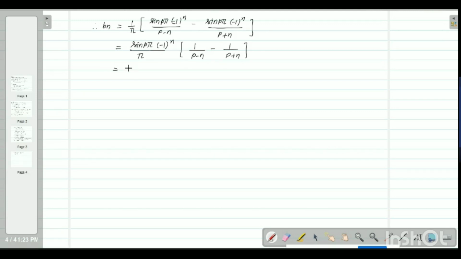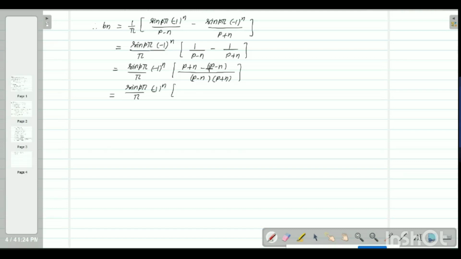Just simplify this: sin pπ by π, minus 1 raised to n. Now just cross multiply, so p plus n minus p, and this becomes, put bracket, p minus n, and divide by p minus n into p plus n. So this can be written as sin pπ by π and (minus 1) raised to n.